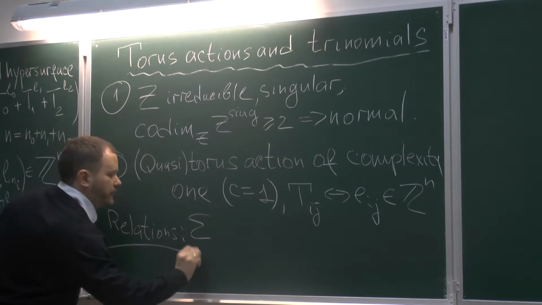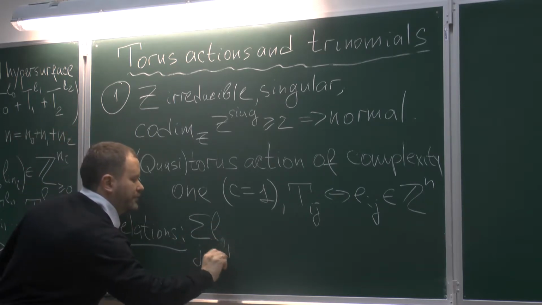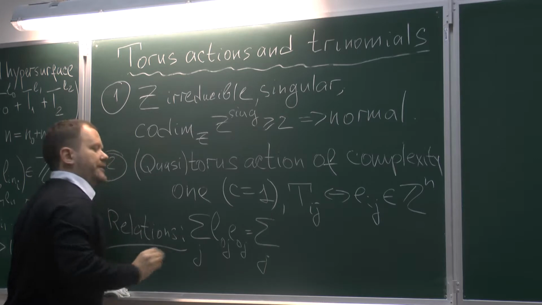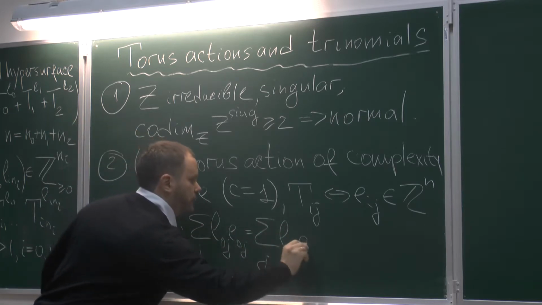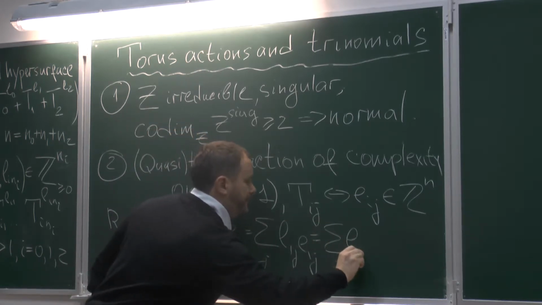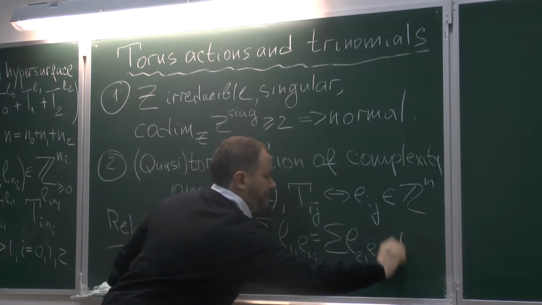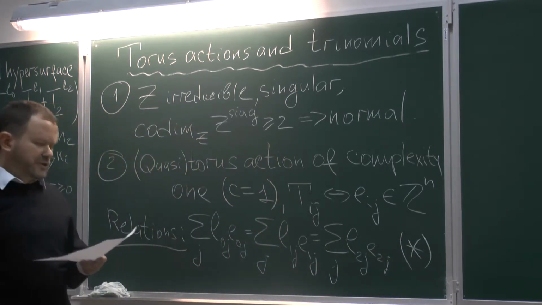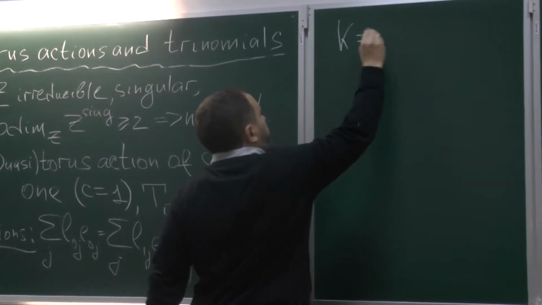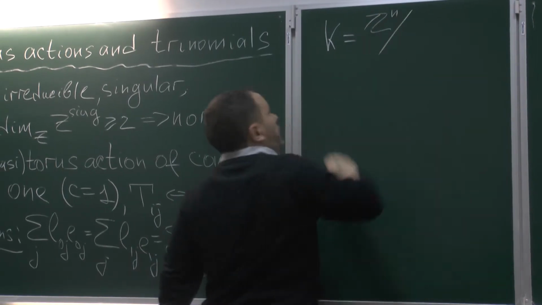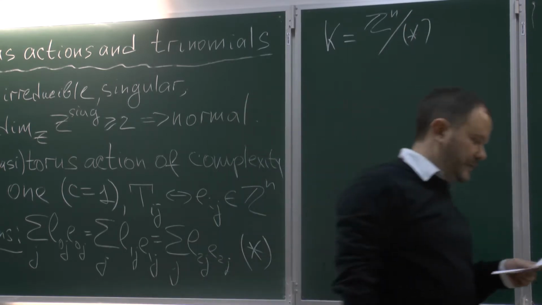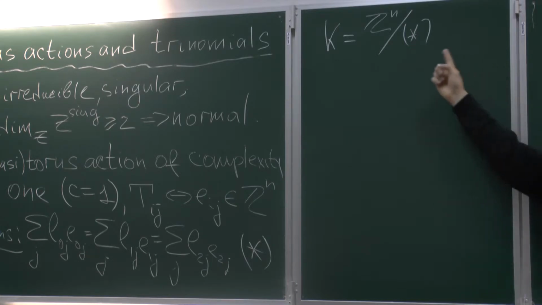that the sum of l_0j e_0j equals the same for index 1 and the same for index 2. I denote this relation by star. And now I take a quotient of my lattice by the sublattice generated by these relations, and what I obtain is some finitely generated abelian group.